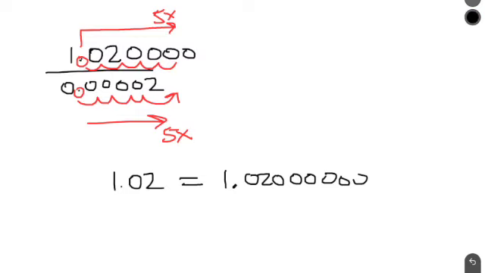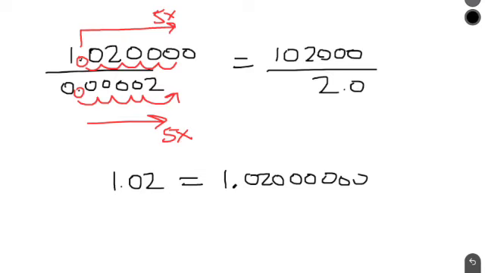Our problem becomes 102000, so it has 3 zeros after the 2, divided by 2, because the denominator is actually 2.0, with the decimal point after the 0. So our problem becomes 102,000 divided by 2.